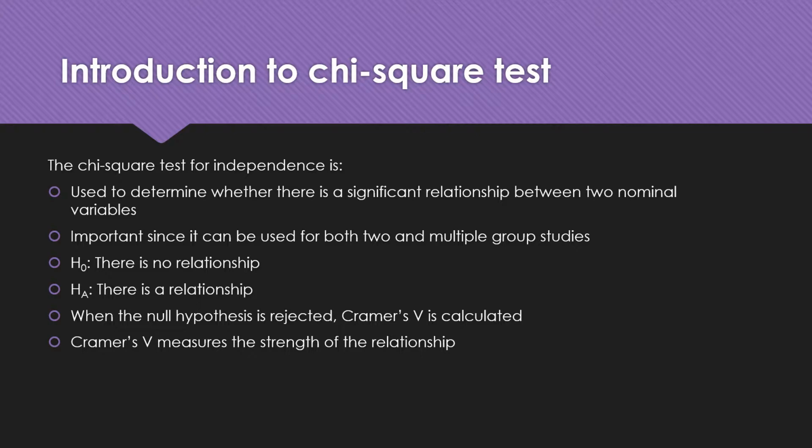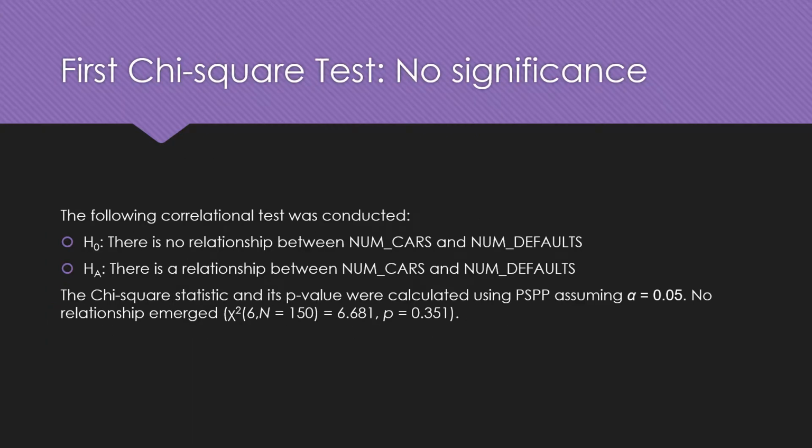So we accept the alternative hypothesis, which states there is a relationship between the variables. So we do the Cramer's V in order to determine the strength of the relationship between the variables.